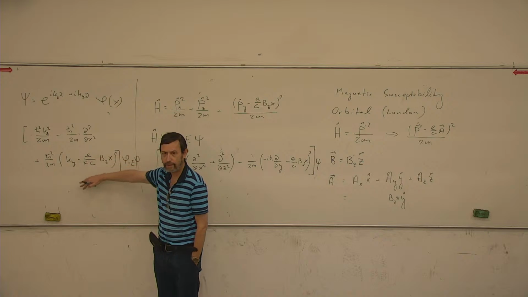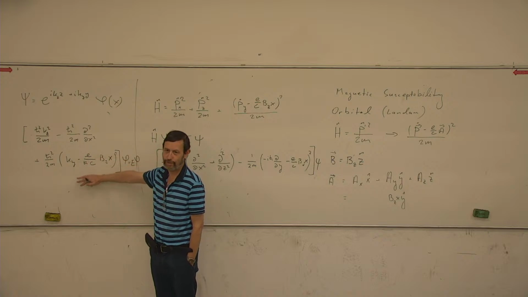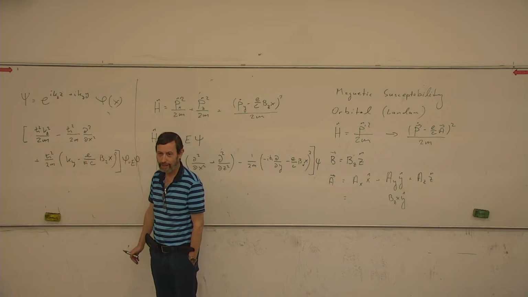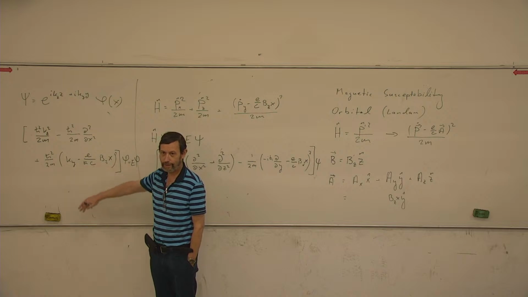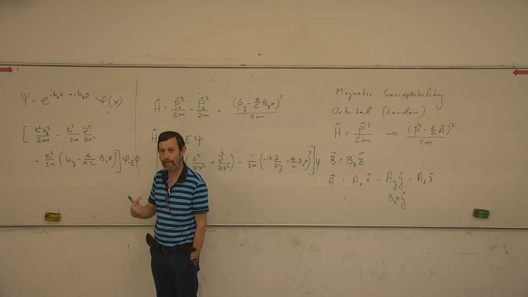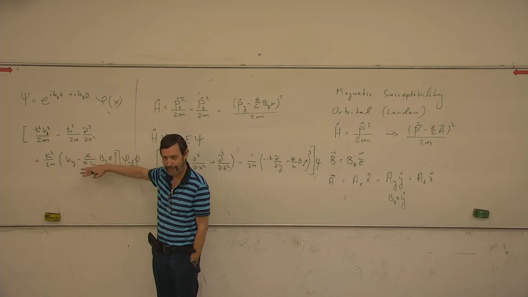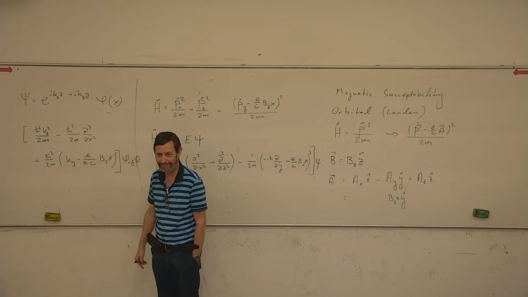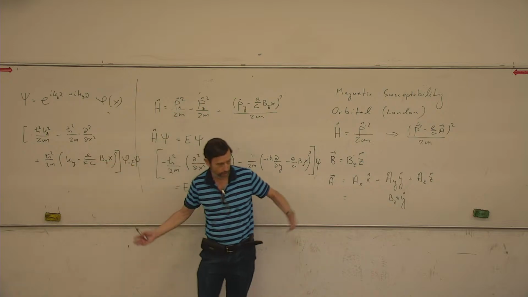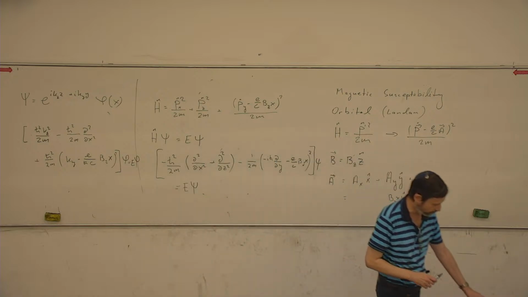And this will give us a bunch of interesting results, including what I told you about the Hall effect, the fact that it can be quantized. All of quantum mechanics is hidden in this simple equation. Okay, so we'll see it in the next lecture. Thank you.